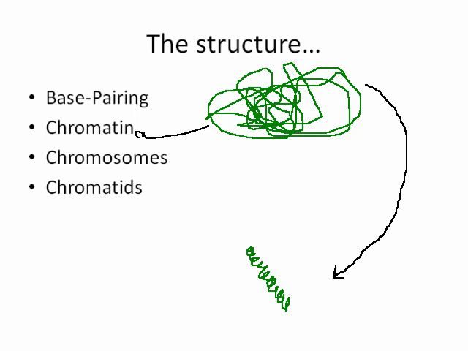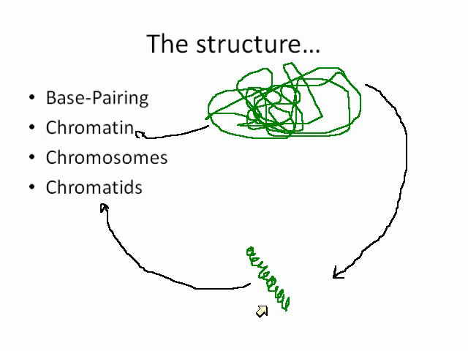So it takes that long, stringy appearance and condenses it down to this right here. And so we end up with something a little bit more organized overall. And again, that is a chromatid.